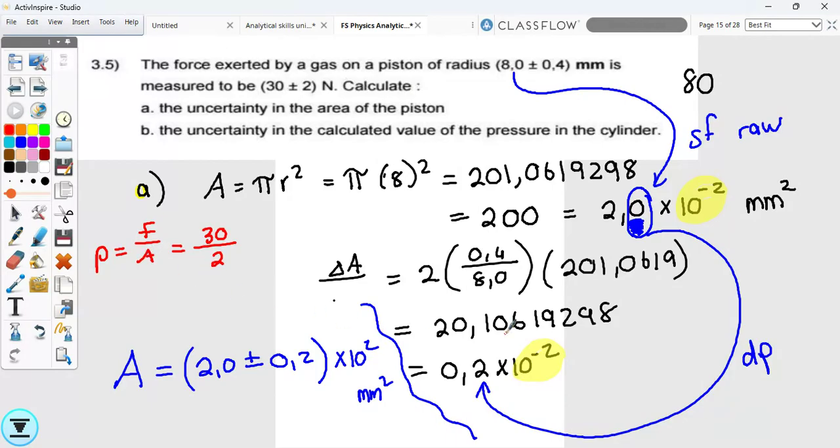Now let's see who can remember how we're going to change from millimeters squared to meters squared. What must I do? Times 10 to the what? Millimeters to meters. So it can't be a positive power, it must be a negative.